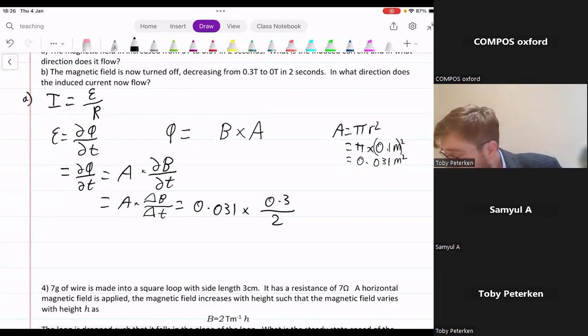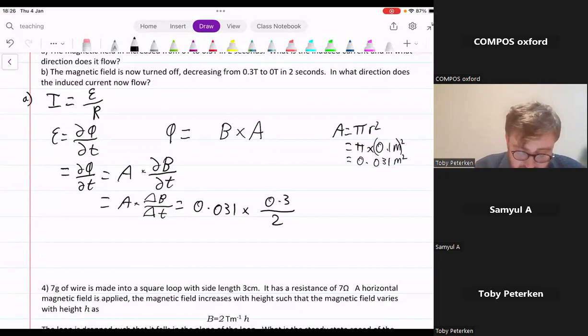And so if we put all that in, the electromotive force is 0.031 times 0.3 divided by 2 is 0.0047 volts.